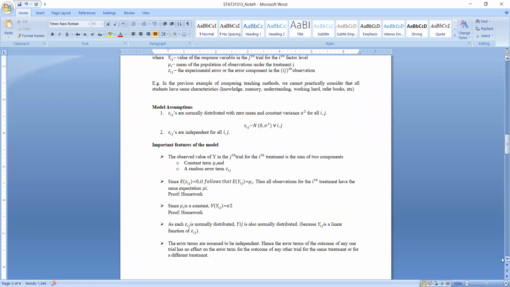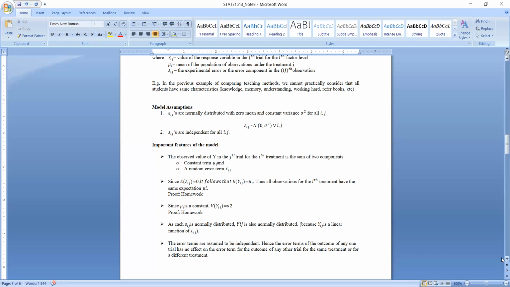So when you take the error of, let's say, the second observation of the first treatment, and the error term of the third observation of the first treatment, again, the error terms are independent and they are normally distributed with a constant variance. These assumptions are valid under completely randomized design as well.